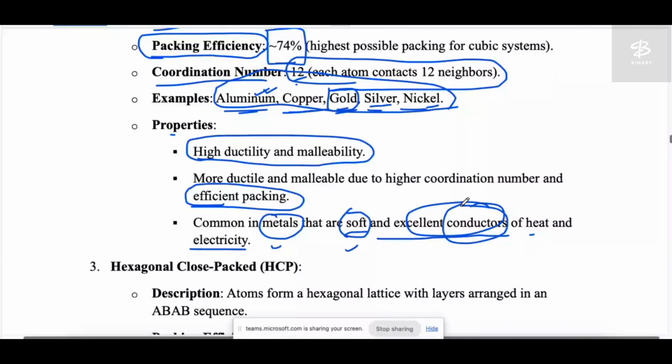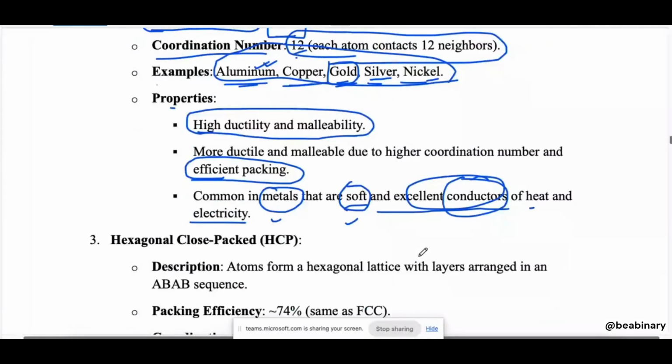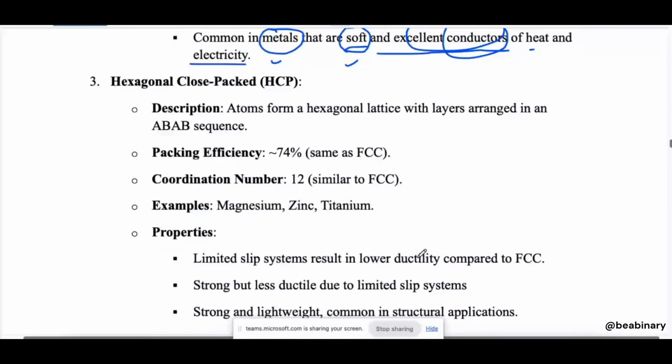If the material can conduct both heat and electricity, it exhibits the FCC. Okay, so this is a common idea. You can have the sense of what kind of materials exhibit FCC kind of structures. Okay, the third one is the hexagonal close packed.